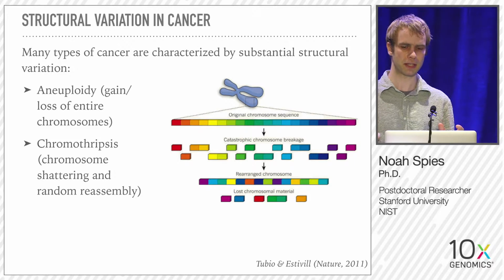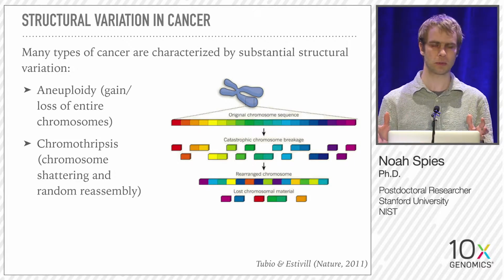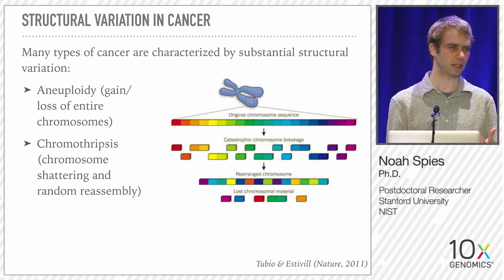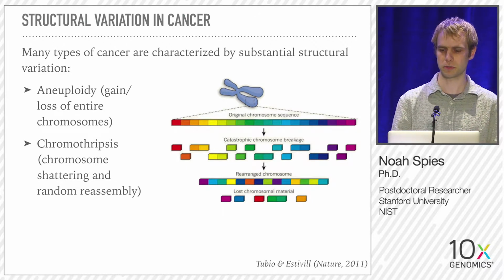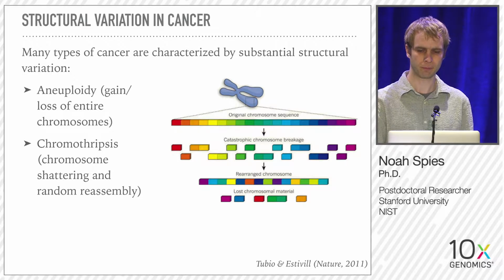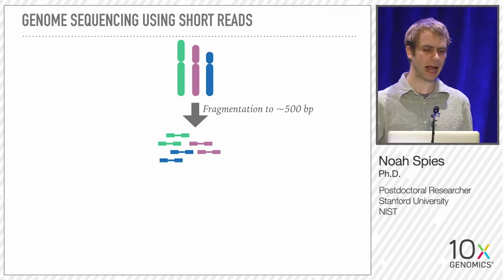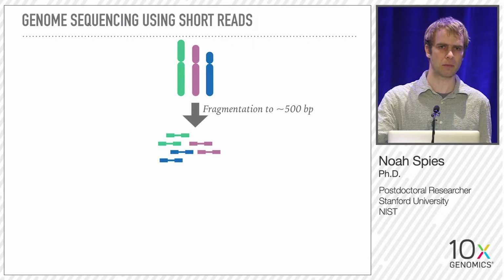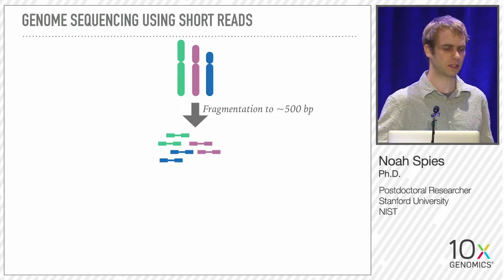Chromothripsis is when a chromosome shatters into many shorter pieces, and then those pieces can get randomly reassembled to form novel chromosomal material.